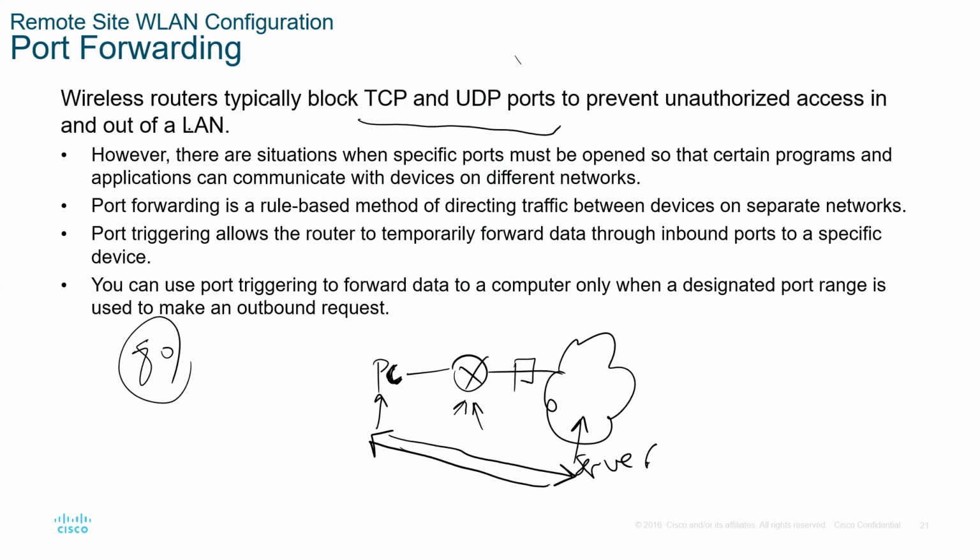The advantage is that you get direct access, yes, but with ports open, security wise it doesn't make sense. So you can use port triggering, which temporarily opens that port. If I want to use port 80, a request is sent, then the port is opened. When the transmission is finished, that port is closed again. So that is port forwarding and port triggering, basically. And those configurations can be made on our wireless router.